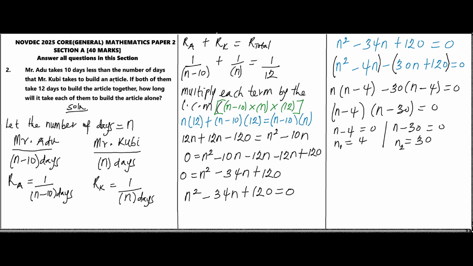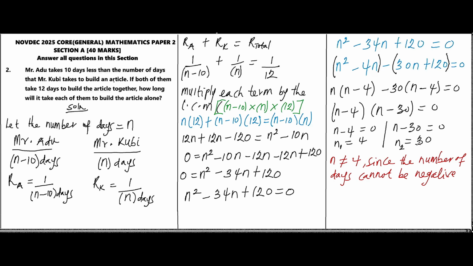So we can say that n can never be 4, since the number of days cannot be negative.